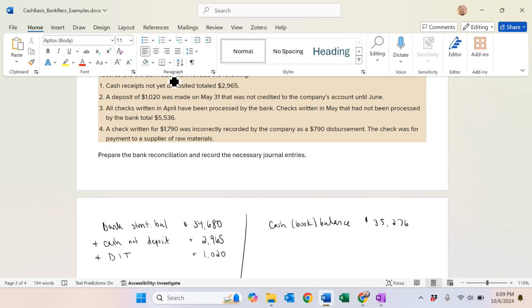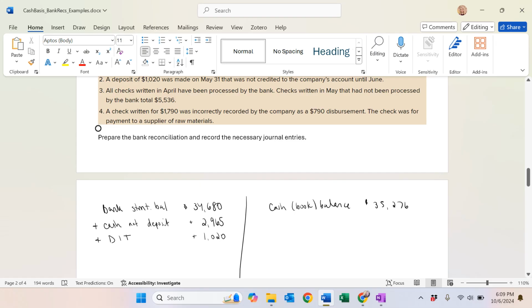All checks written in April have been processed by the bank. Great. Checks written in May that have not been processed yet by the bank are $5,536. All right, well, what do you do when you write out a check? You write out the check, then you immediately update the check register. The company writes out the check and then immediately records the journal entry. But these are not included in the bank statement balance. They will be perhaps tomorrow or the next day, but we need to subtract out these outstanding checks because they are about to clear in the near future.